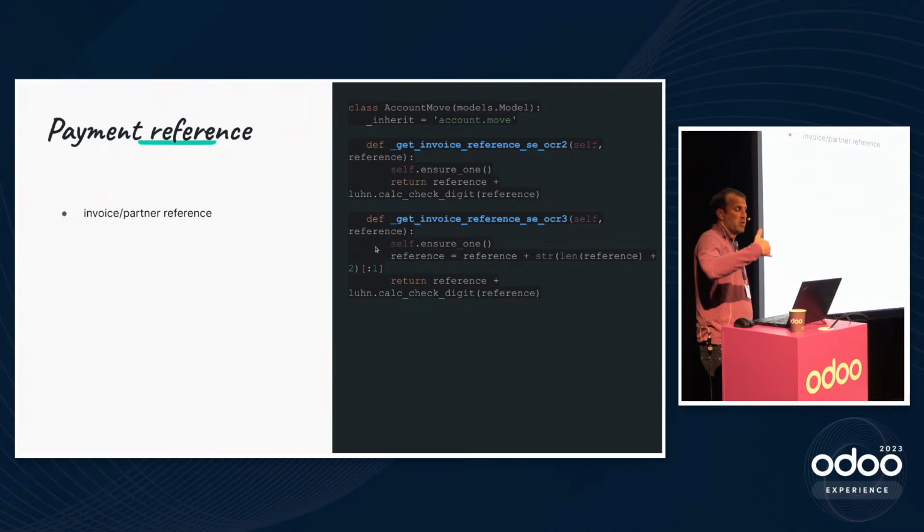So it means that with a customer invoice, you want to form a payment reference, and on the journal you can specify which one, and so you just need to inherit this method, and you can say how the reference needs to be formed. Apparently they use check digits and so on. In Belgium we have this thing with those 3 pluses. It's a small thing, but it's another example of how things can be inherited.